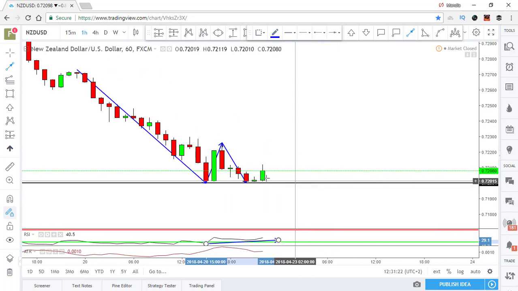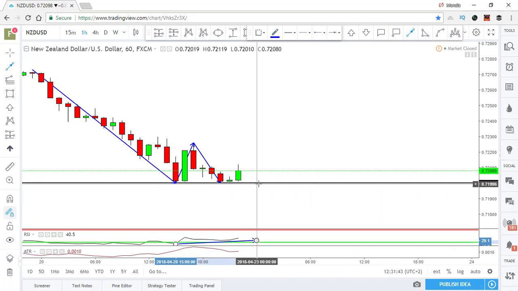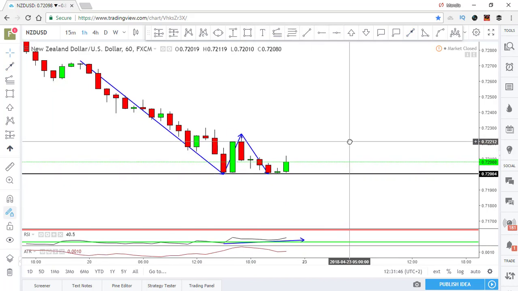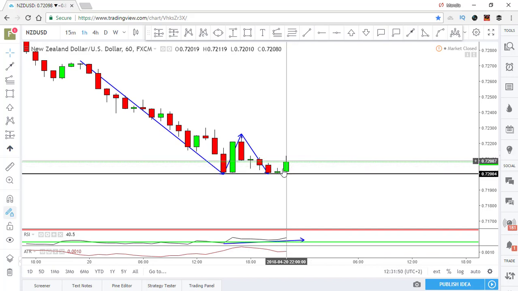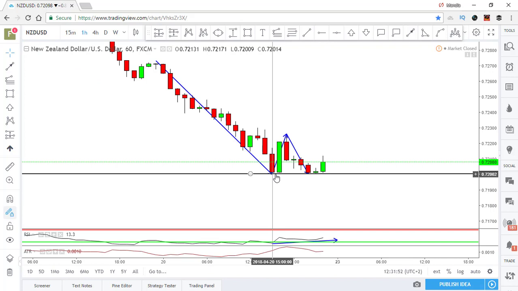Looking at this candle, we have a doji candle, which is an indecision of the buyers and the sellers coming into equilibrium at this point.